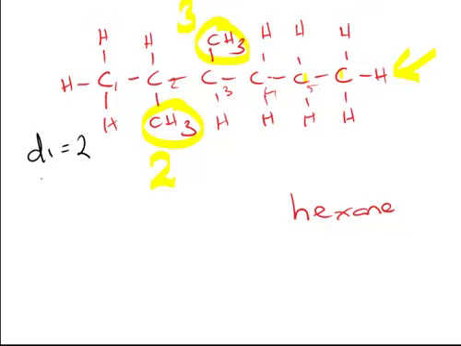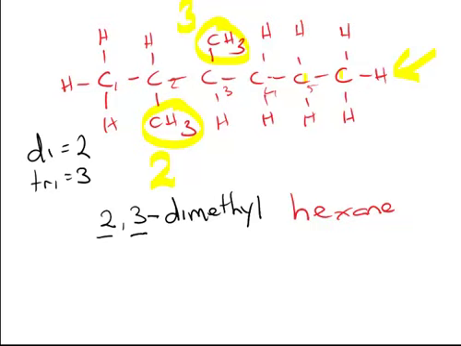Di equals 2 and tri equals 3. So this would be 2, 3. Now the 2 refers to the carbon it's attached to, and we have to say where the other methyl is because it could be in a different place, and we put a dash, and that's 2,3-dimethylhexane.